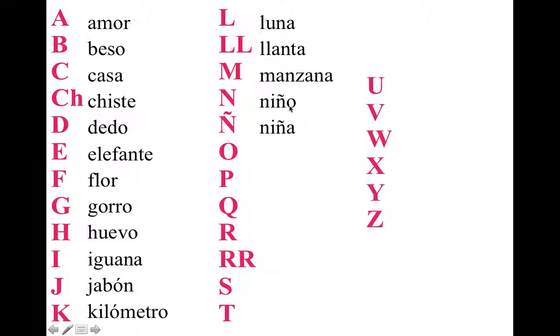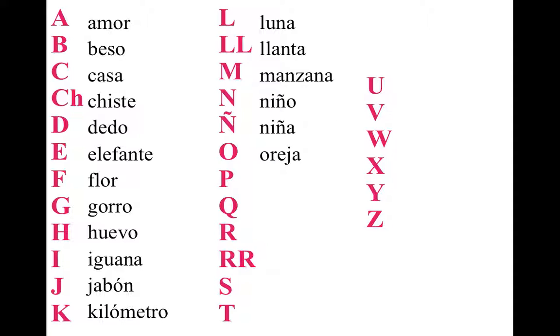Notice, and we'll talk about this later on in the course a lot, whenever you see a noun ending in an O, that's a person, place, or thing, then it is masculine. So niño means child, but because it ends in an O, we know it means boy. Here it ends in an A, so it's feminine and it means girl. So O masculine, A feminine. But that's just a little side note. We're going to look at that a lot more in the next few weeks.